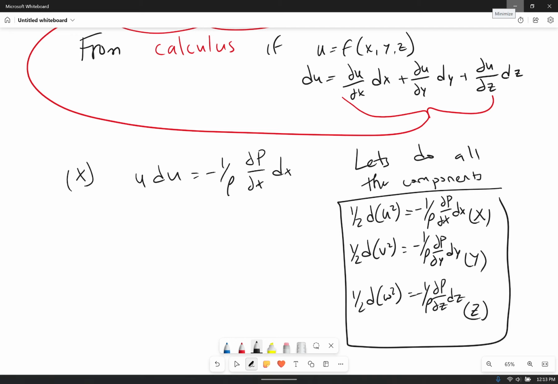And so what I can do then is add all of these together. So I'm now going to add them together.